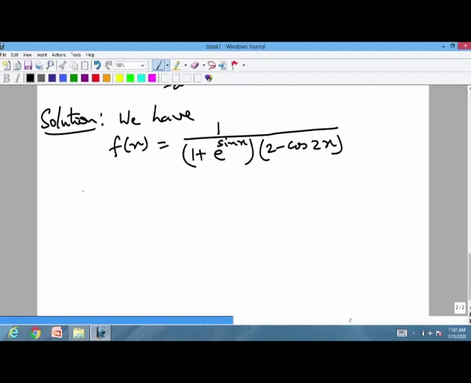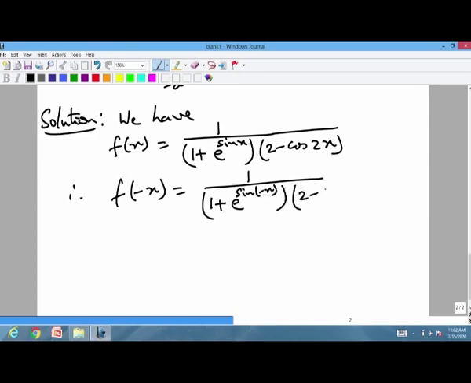Now, let us evaluate f of minus x. This is equal to 1 over 1 plus e to the power sin of minus x times 2 minus cos of minus 2x.